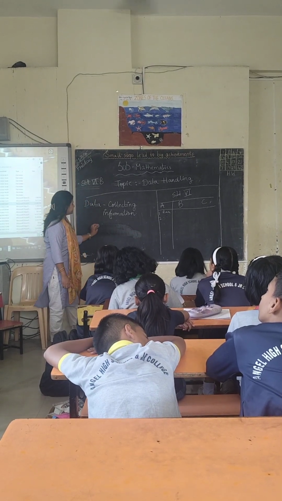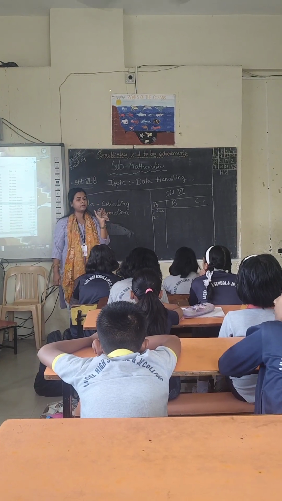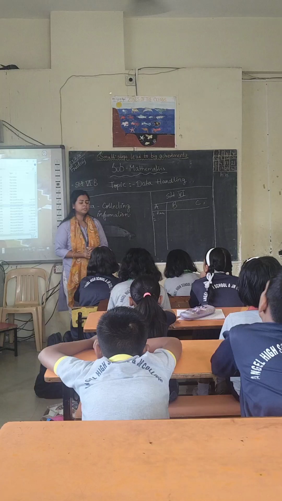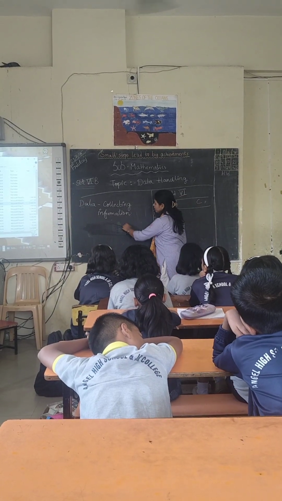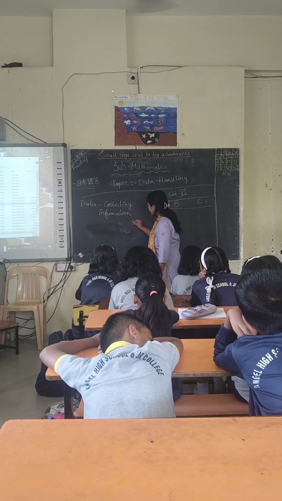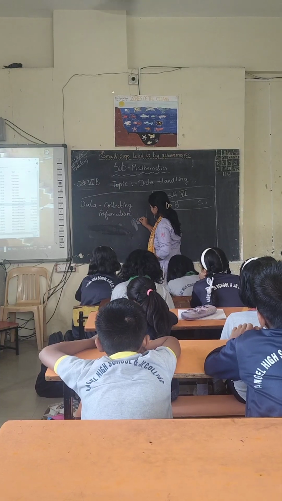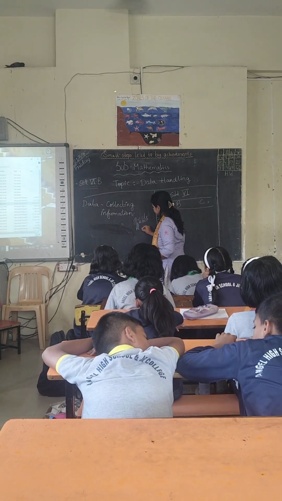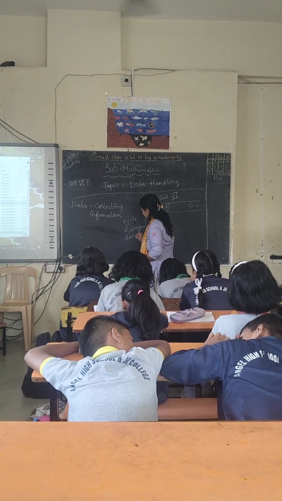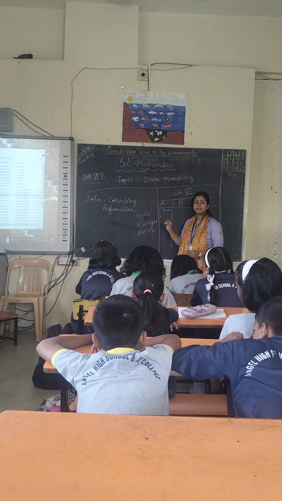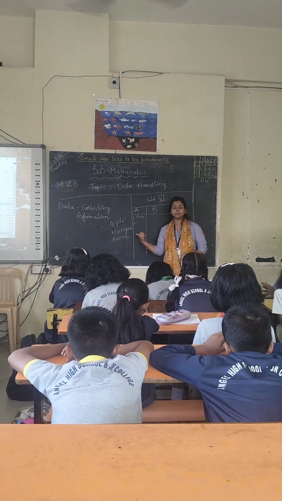Okay, in any data. Suppose your mama is saying that you need to buy some fruits and some vegetables from the market. Okay, so you are buying apples, mangoes, bananas, okay, in one basket. And then mama is saying that she wants to ask you how many apples are there in your basket.